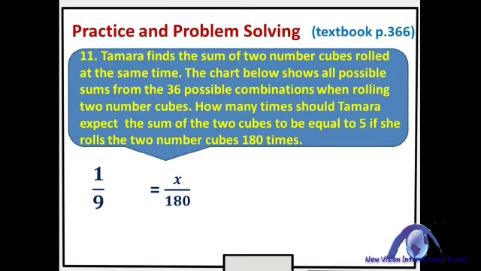Use proportional reasoning to predict. 1 over 9 is equal to the ratio of variable x and 180. The variable x is the number of times Tamara expects the sum of the two cubes to be equal to 5, and 180 is the number of times rolled.